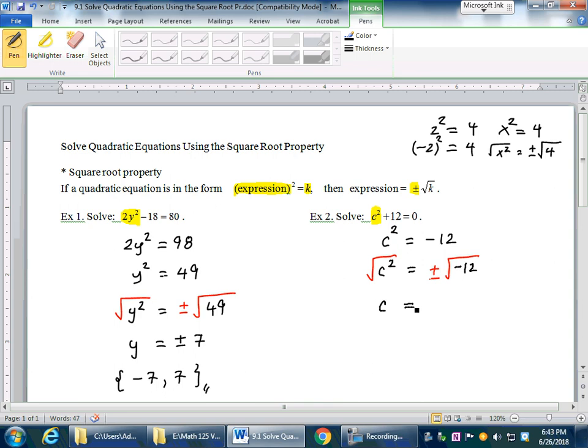To continue simplifying, it becomes plus or minus the square root of 4 times 3i. So c is equal to plus or minus 2 square root of 3i. That will be my final answer, which in this case gives two complex solutions, negative 2 square root of 3i and positive 2 square root of 3i.